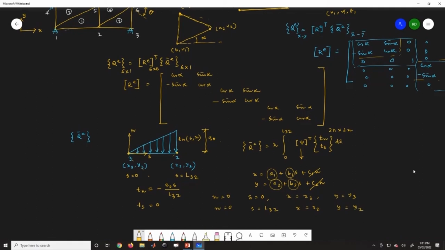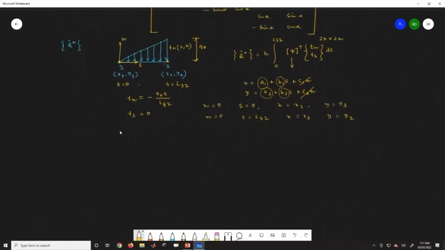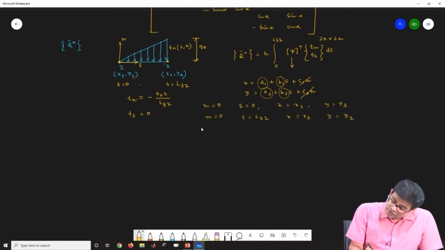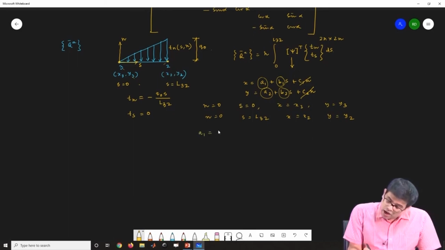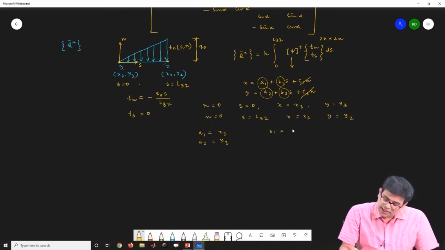Now with this, if I substitute it here, then my x will look like this. That is my a1 will be x3 and a2 will be y3, and then b1 is essentially x2 minus x3 divided by L23, right?